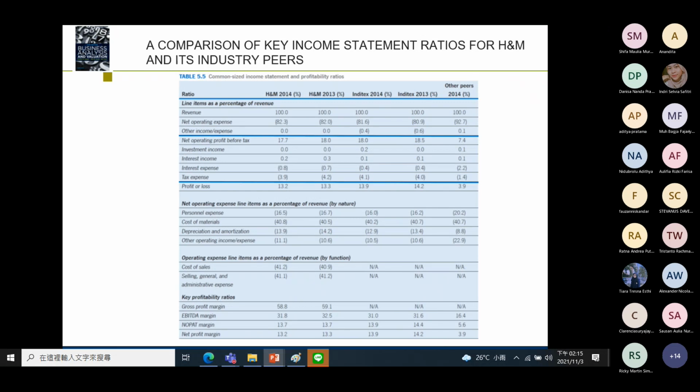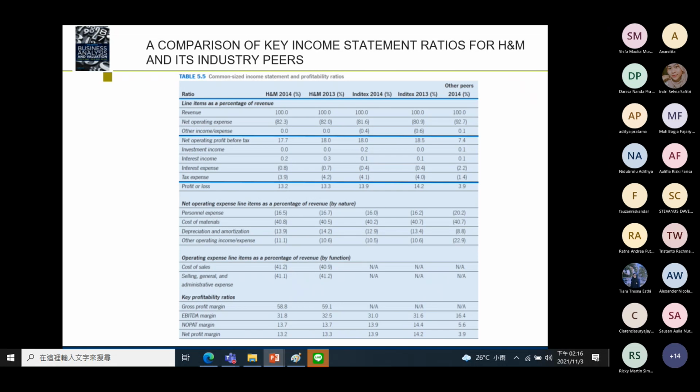The difference between firms' revenue and cost of sales is the gross profit. Gross profit margin is an indication of the extent to which revenue exceeds the direct cost associated with sales.